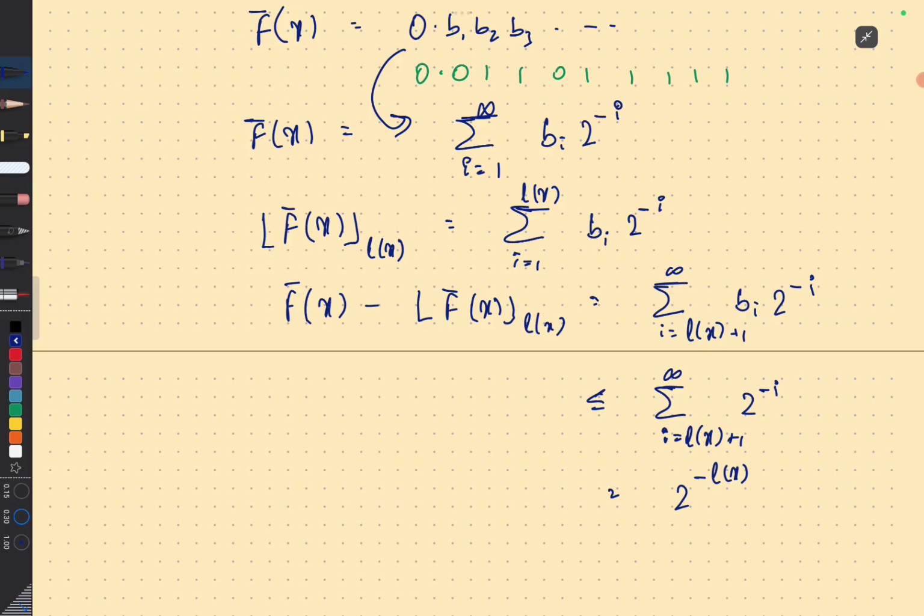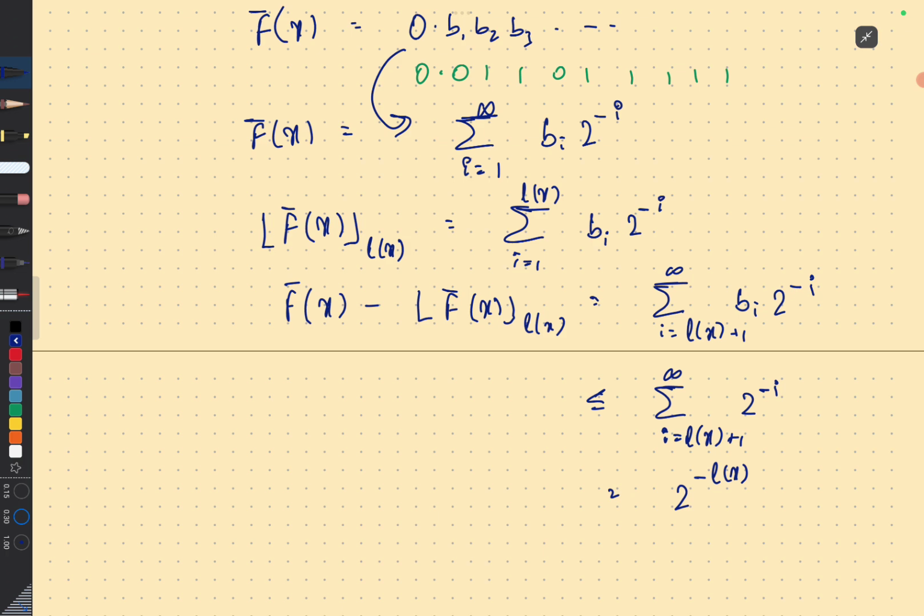Again, let me compute f bar. I have 5 symbols. This is f bar, and I compute the code words.